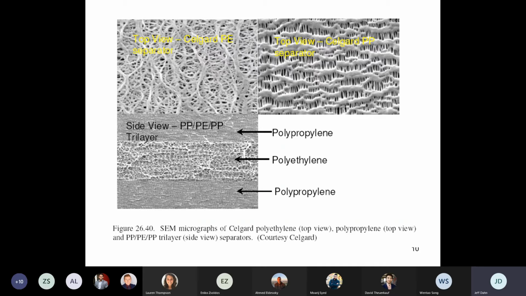All right. So you might say, okay, what advantage does having a tri-layer have over polypropylene? Because polypropylene won't melt and shrink until 155. Well, there's another reason that we're going to come to in a minute that explains why this tri-layer structure is important.